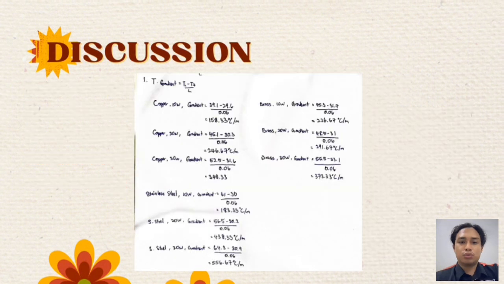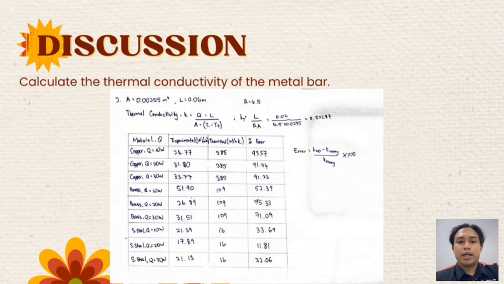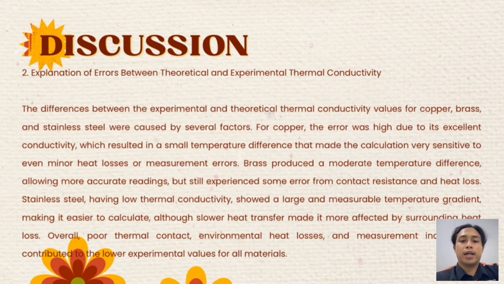Second, we used the gradient and known values for heat input, cross-sectional area and bar length to calculate the experimental thermal conductivity for each material using equation 5. We then compared those results with theoretical values from the reference table.